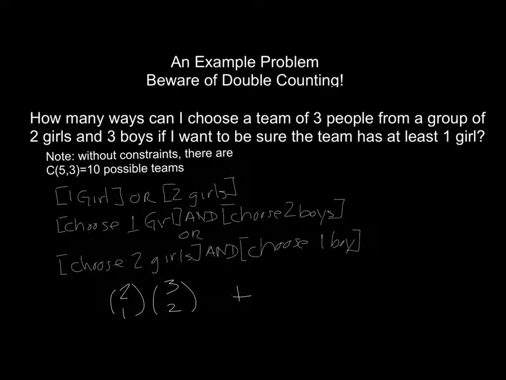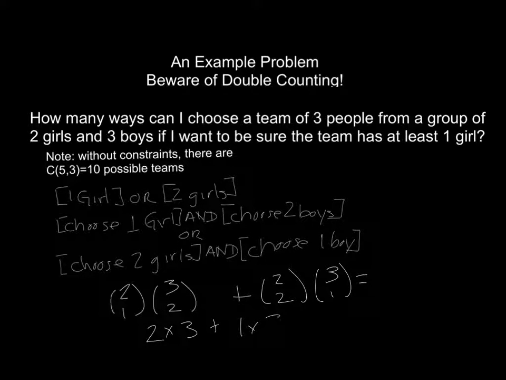Or, working on the second half, I'm going to choose 2 girls and choose 1 boy from the 3. So here I'm going to get 2 times 3 plus 1 times 3. Again, I have my 9 teams with at least 1 girl.